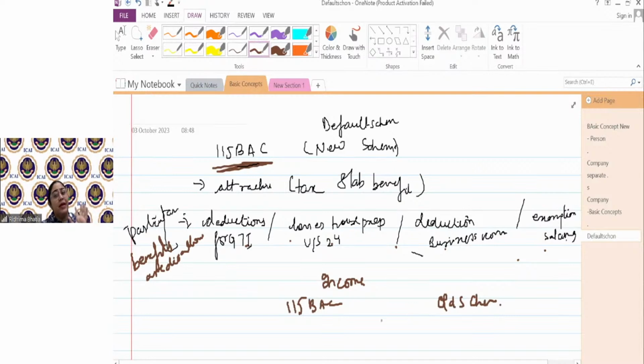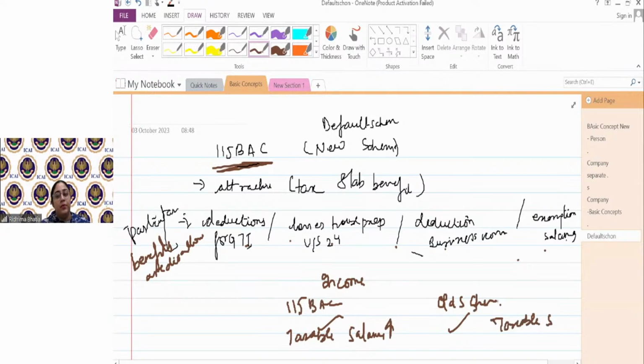The gross total income might be the same, as salary would be taxable here also, but the taxable salary would differ. The taxable salary here might be higher as compared to the taxable salary here.